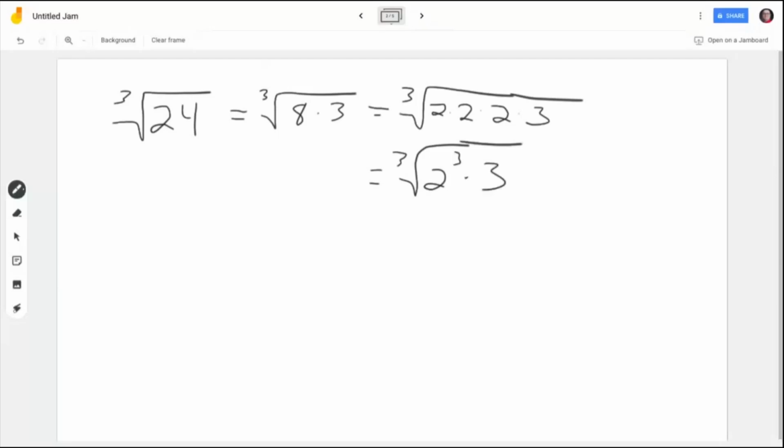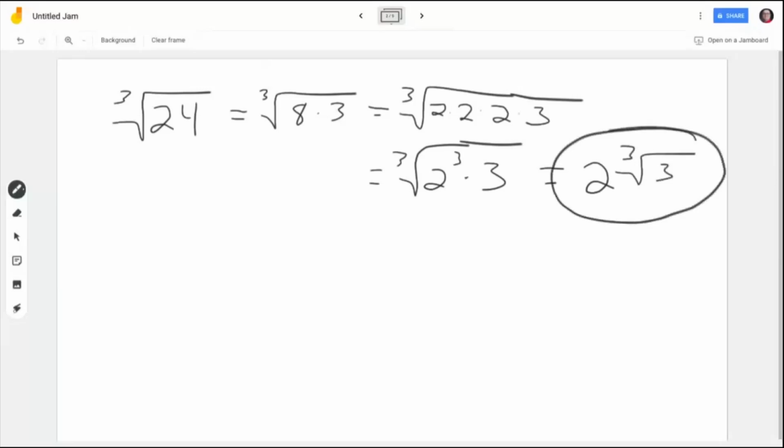So notice this degree on this radical and this exponent are the same. And so that means that I can pull that 2 outside of the radical, and it's just going to be 2, but we still have the 3 under the radical, so this will be 2 times the cube root of 3. So that is that radical simplified.